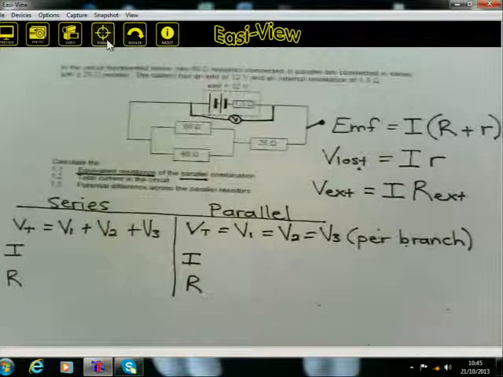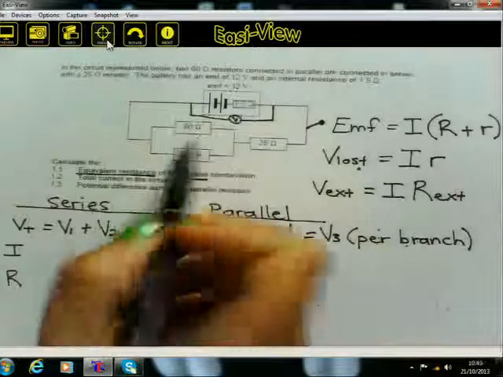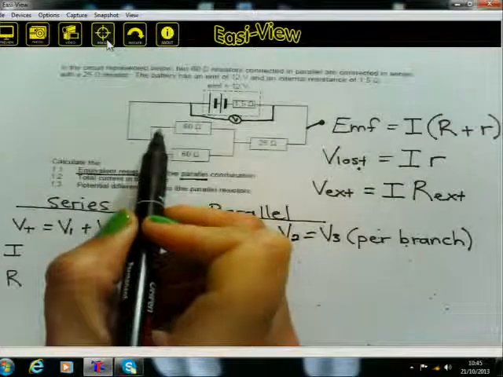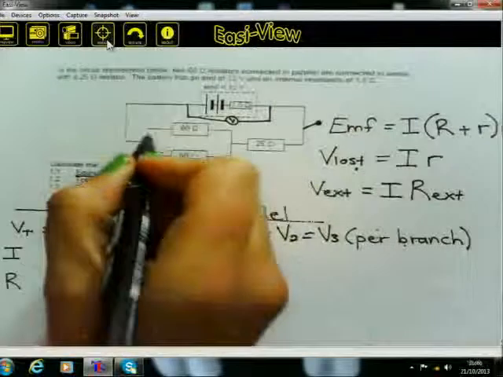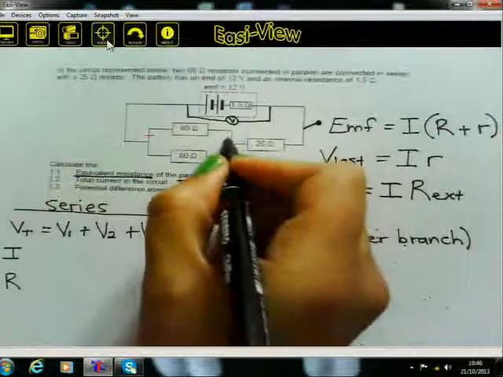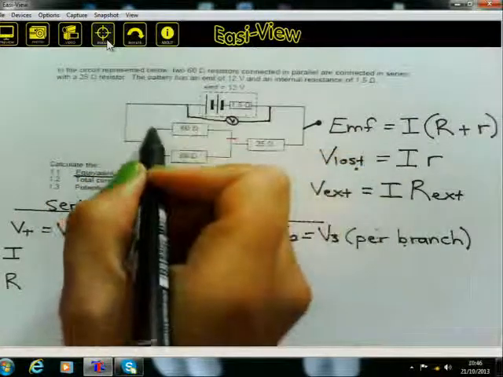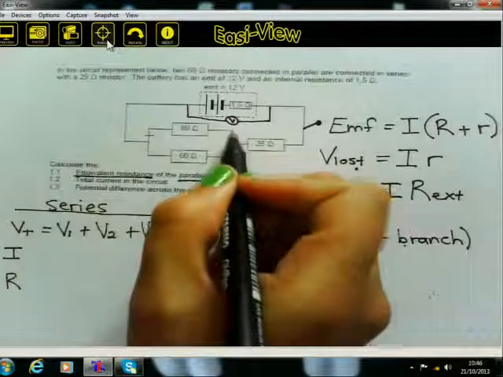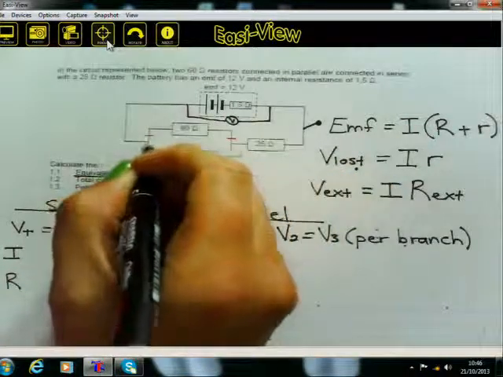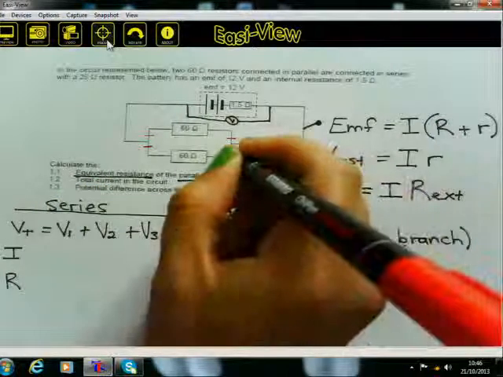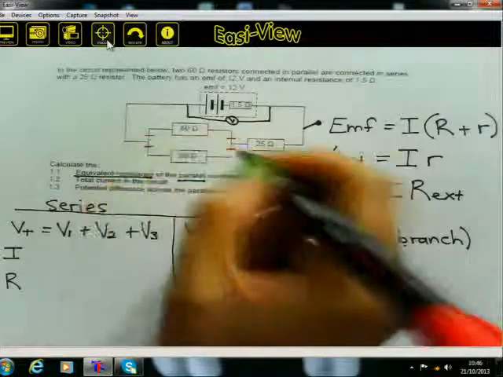So if you look at the example on top here, this whole branch, I'm going to do this in red because it's so very important that you know this. If we put a voltmeter over this branch, the whole volt measurement over branch 1 will equal the whole volt measurement over branch 2.